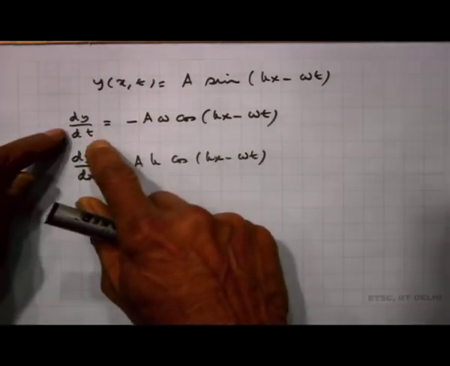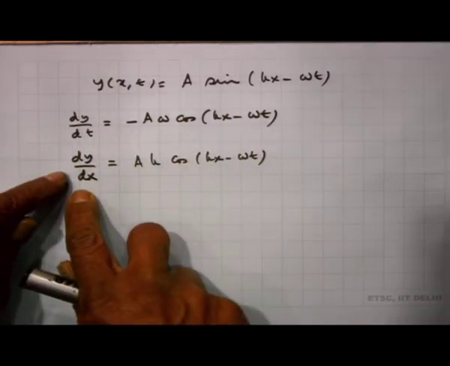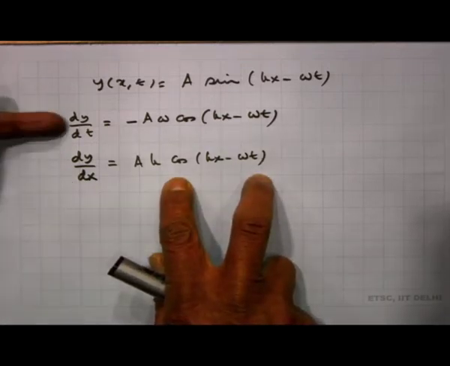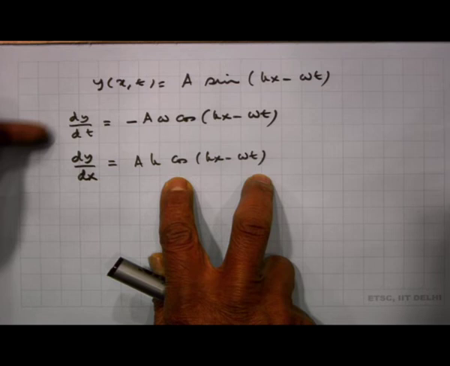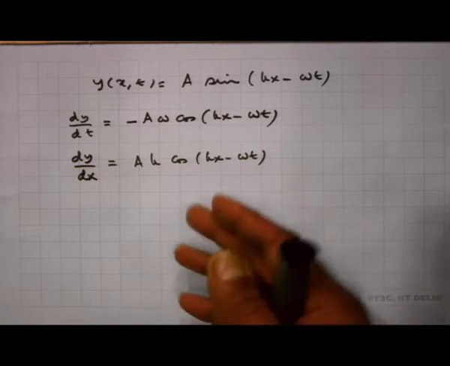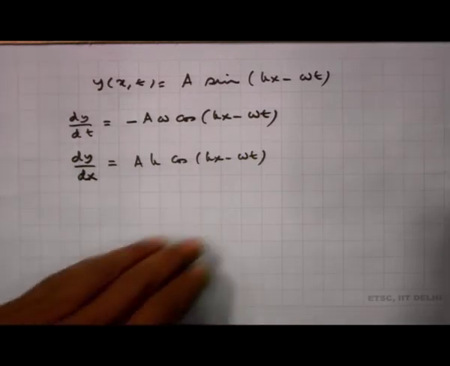Points where the velocity is maximum, where the cosine function is 1, are also the points where dy by dx is maximum, where the cosine function is 1. One determines the kinetic energy of the string, the other determines the potential energy of the string, and they are in phase. So, in propagating waves, the potential energy and kinetic energy are both in phase, and as the wave propagates, it carries this energy.